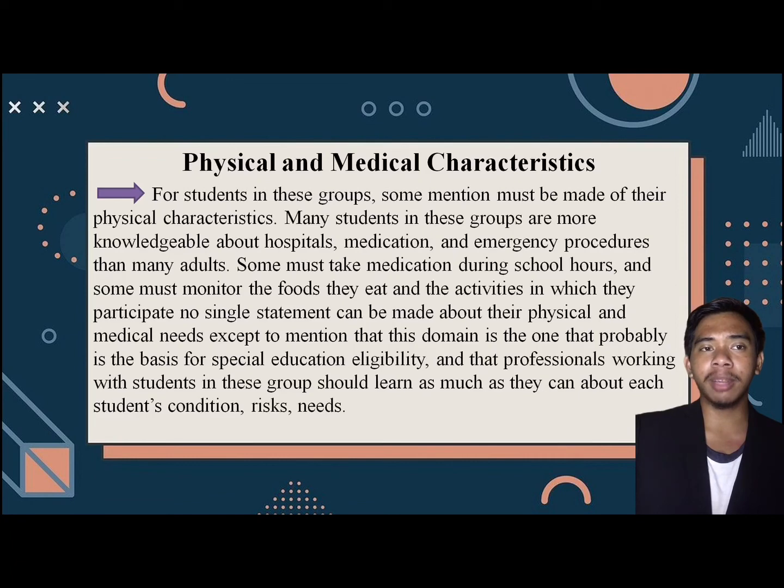No single statement can be made about their physical and medical needs, except to mention that this domain is the one that probably is the basis for special education eligibility, and that professionals working with students in this group should learn as much as they can about each student's condition, risk, and needs.